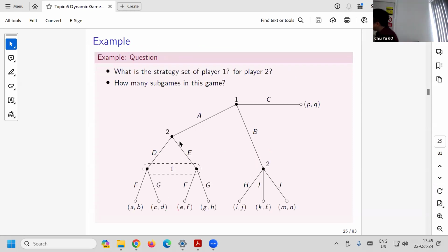Okay. So let's take 3 minutes to ask ourselves, what is the strategy set for player 1 and player 2? Don't look at the answer. And how many subgames are in this game? Very simple. I'll just give you 1 minute. You can do it. We'll tell the answer.